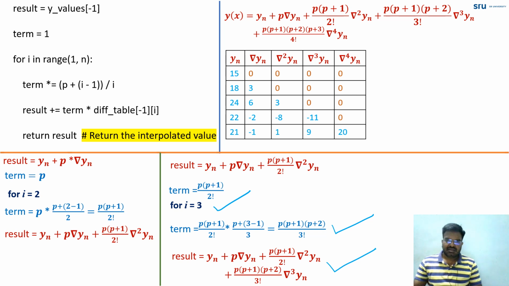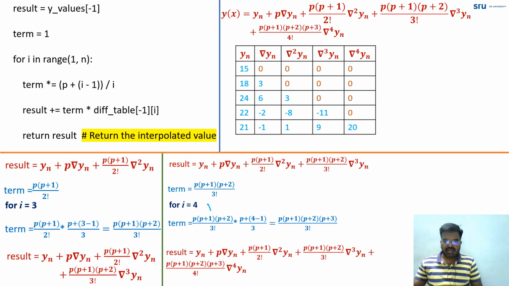Finally, at I equal to 4, we update the term and the result. With this, we got the complete Newton's backward interpolation formula here, so that calculates the required value.